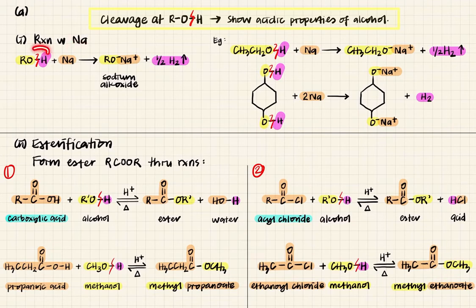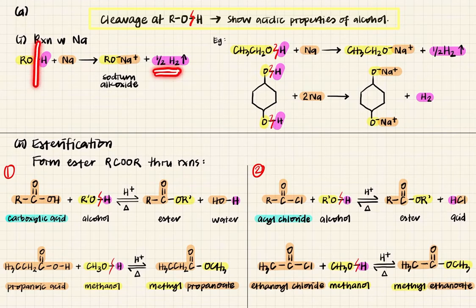So here you have your alcohol ROH, which I wrote as RO bond H. When you react with sodium, RO minus will attach to your positively charged sodium, and you will get sodium alkoxide. And you will also get hydrogen gas as the byproduct.